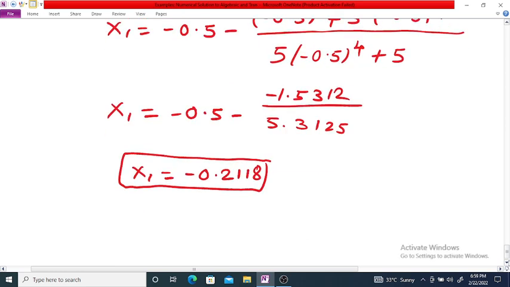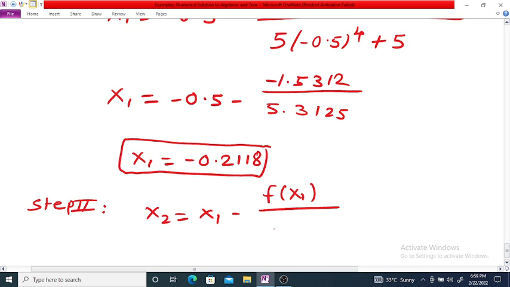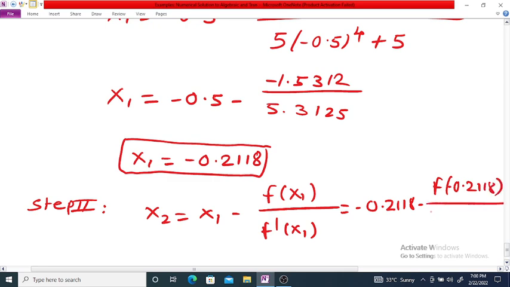Now for x2, step number 2, x2 is equal to x1 minus f of x1 divided by f dash of x1. So it is equal to minus 0.2118 minus f of minus 0.2118 divided by f dash of minus 0.2118.